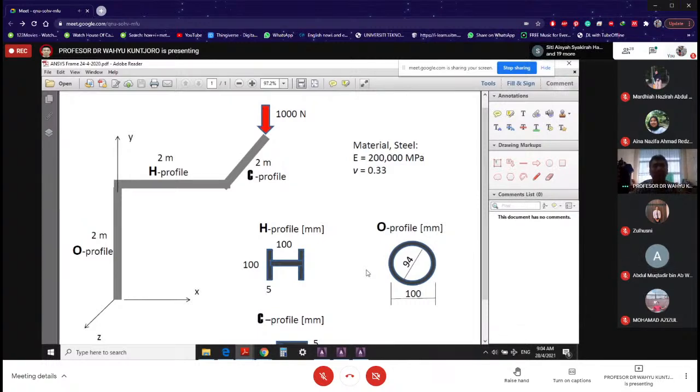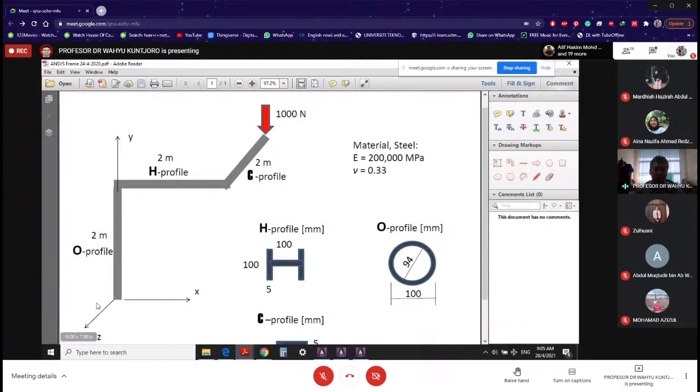So this is our case study for Ansys. We have a three-dimensional frame structure, which, you see, has a vertical member, a horizontal member, and another perpendicular to the plane. And you know the dimensions.